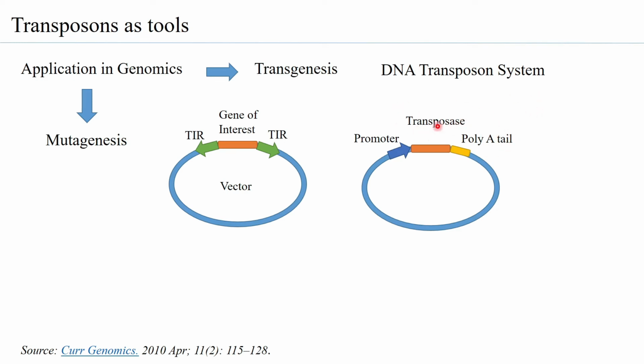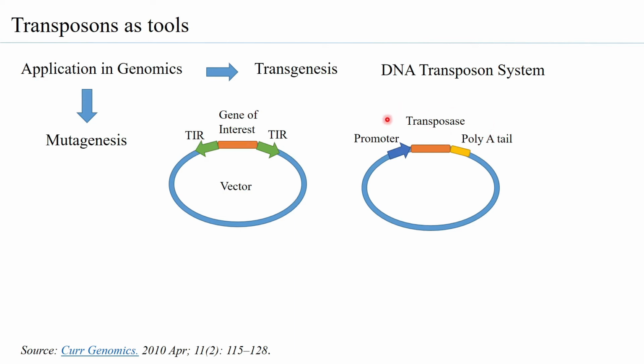So in the transgenic cell in which both of these vectors are added, one is going to synthesize the transposase, and that transposase is needed to cut this non-autonomous transposable element.